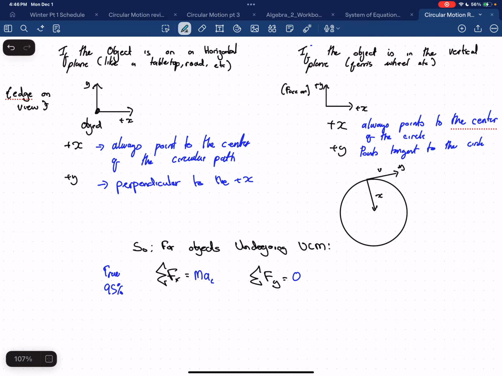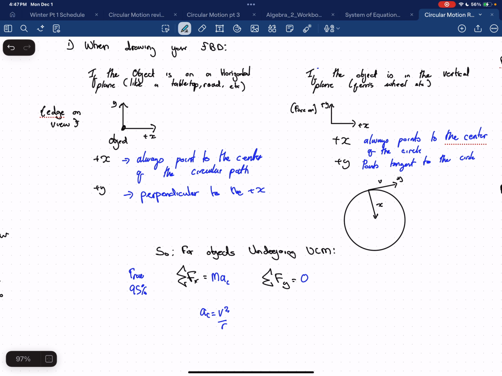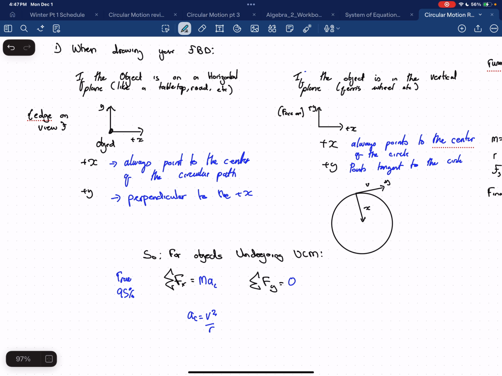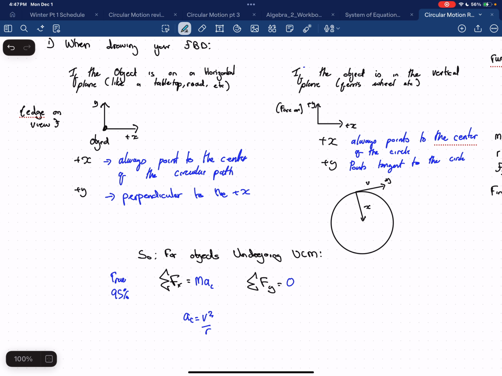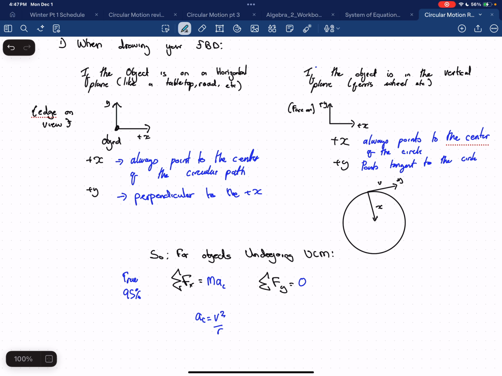F of y will always be equal to 0. The forces in the y direction will be 0, and the force in the x direction will be MAC. And just to help you remember, MAC is going to be v squared over r. When you apply your Newton's second law to your equations when you're solving these problems, this is what you need to remember. Okay, sorry, I know it's kind of irritating.